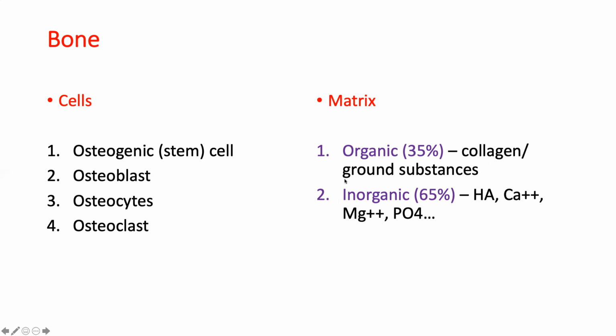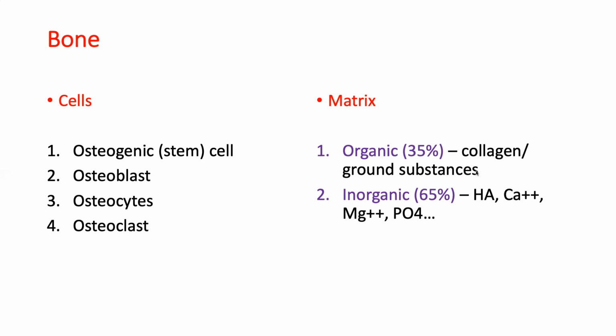And the ground substances, glycosaminoglycan and proteoglycan, are also in the group of organic matrix. And we also have inorganic matrix, where there is no carbon: hydroxyapatite, calcium, magnesium, phosphate.